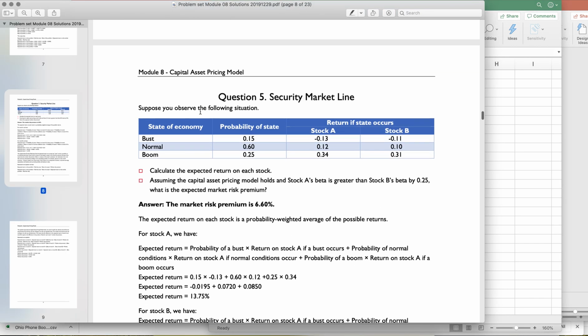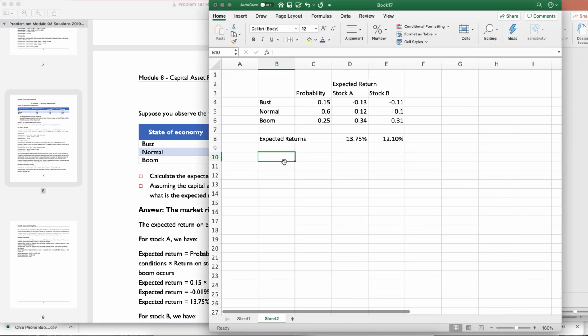The next part of the question asks for the market risk premium. So if you recall the CAPM model, and I'm not going to do this perfectly because it's hard to do underscores and stuff like that, the return on any asset i, pretend that's like a subscript, is going to equal the risk-free rate plus beta, let's call this i, times the return on the market minus the risk-free rate.